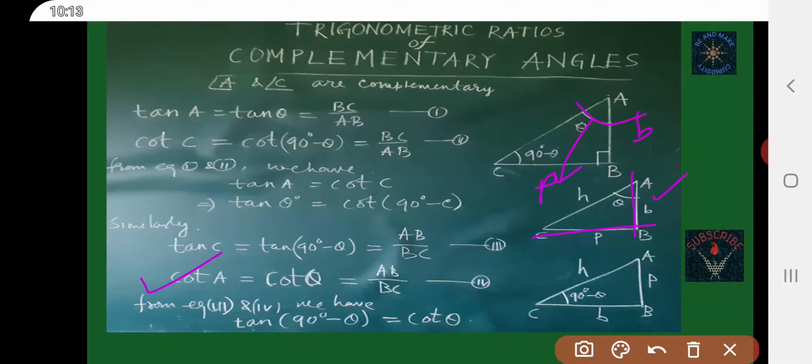Okay, here you see cot A equal to cot theta, that is AB by BC, because you know cot is B by P. So AB by BC. Now you see equations third and fourth, then you get right sides are equal, so you can write left sides are also equal. Okay, so tan of 90 degrees minus theta is equal to cot theta, you can write. You should remember this also.